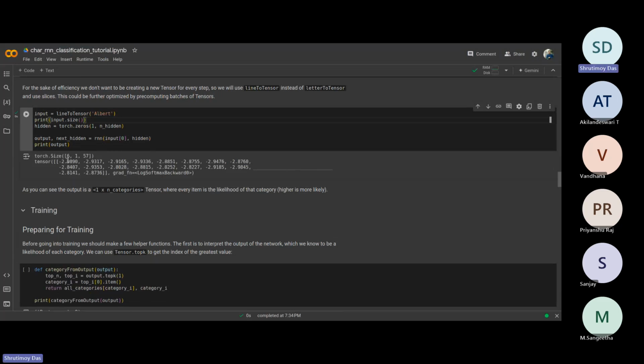We have six letters here, and each is of size 1 by 57. So this input tensor is of size 6 cross 1 cross 57.